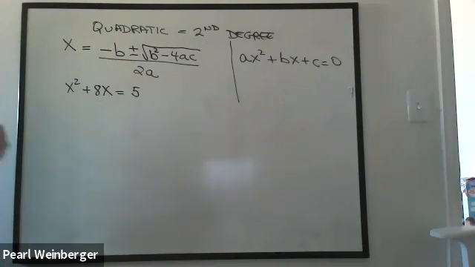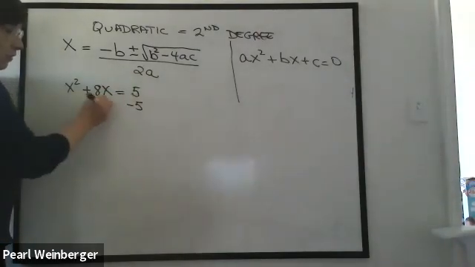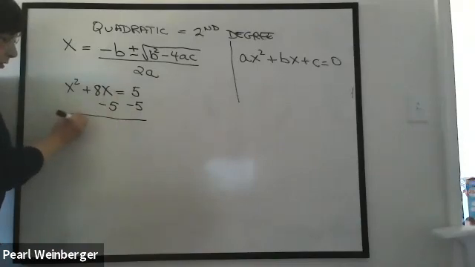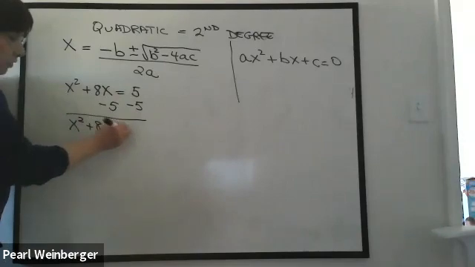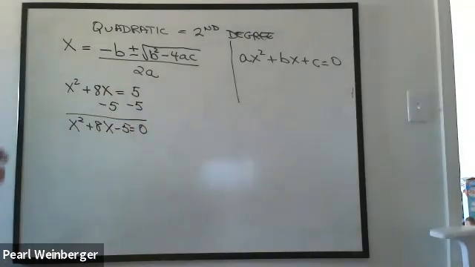I don't go to the completing the square method, because I know this method for sure will work. So what do I have to do? The first thing I have to do is get it equal to 0. So I'm going to subtract 5 from both sides so that I get x squared plus 8x minus 5 equal to 0. And I write down what my a, what my b, and what my c is.